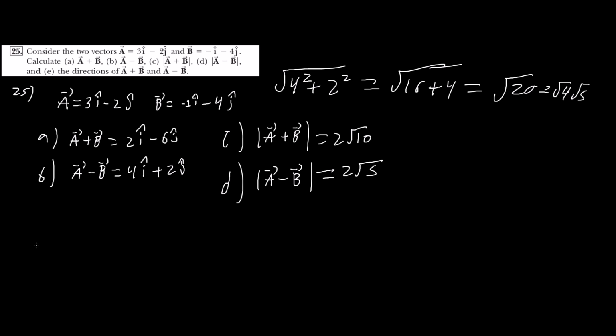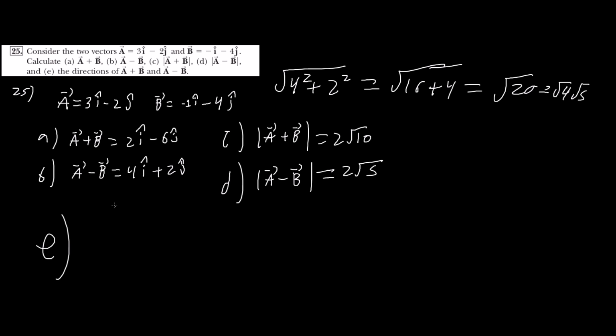And now there's the direction of A plus B and A minus B. What I like to personally do is look at the components first and draw it. So here, folks, for the direction of A plus B, you can see that this is going to be -6 in the J-hat. So I'm going to take the arctangent of -6 divided by 2, and add that to 360 degrees.